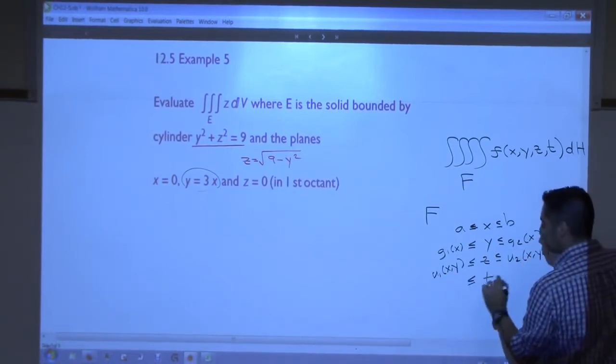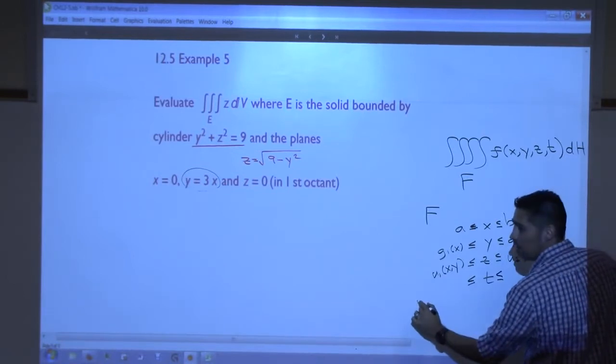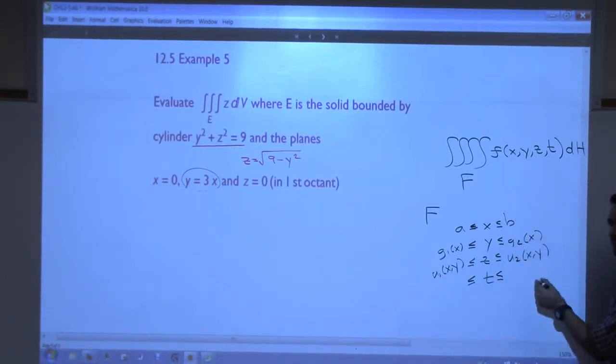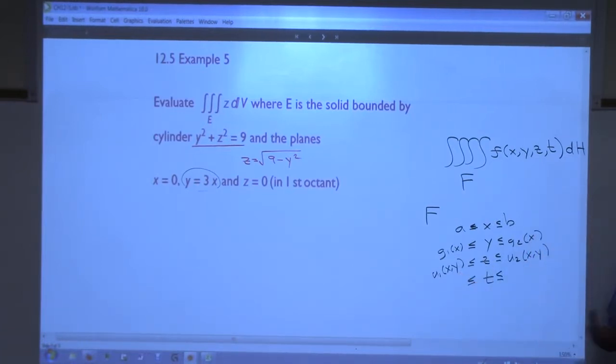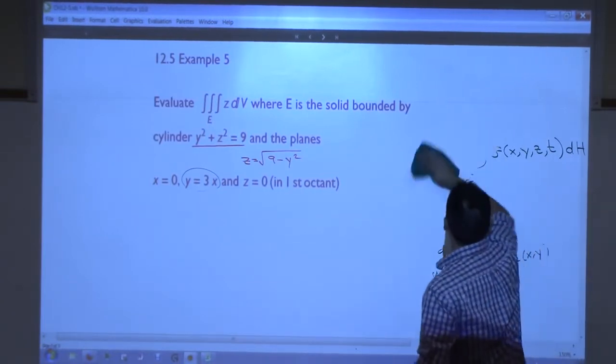And t would be between 2 functions of x, y, z. So you can generalize this. But we start to lose application because we really only need 3D, 4 really, to work with a lot of things in the real world, 3 or 4 dimensions. So, all right.